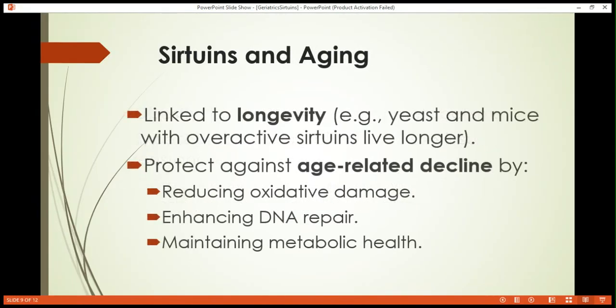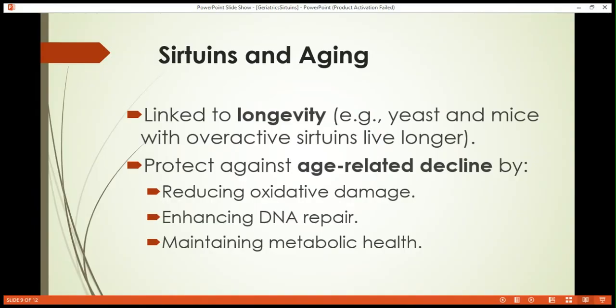Then how do these Sirtuins affect aging or help in reducing the effects of old age? Through research, it was discovered that these Sirtuins are linked to longevity.